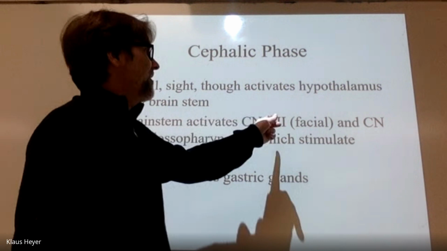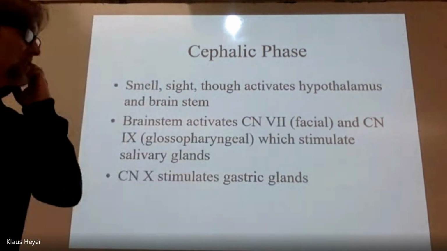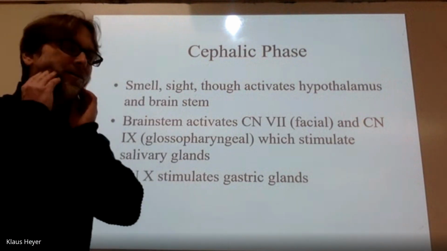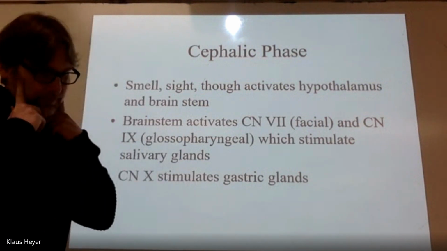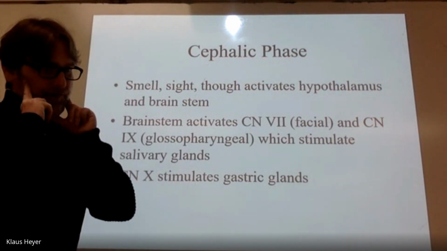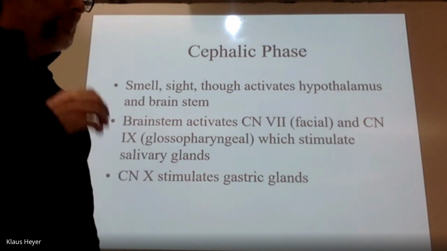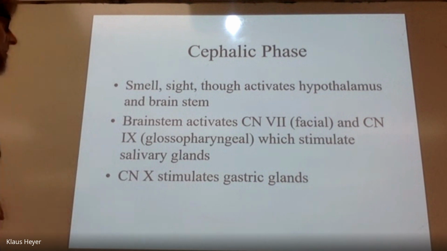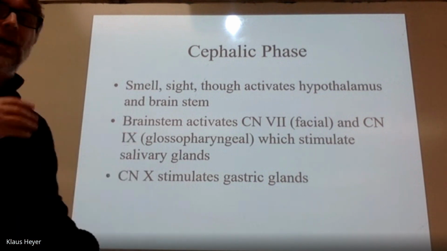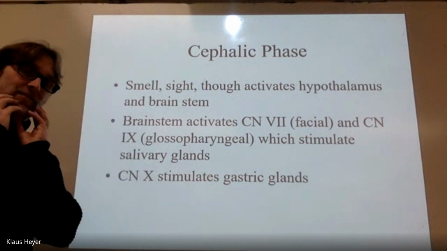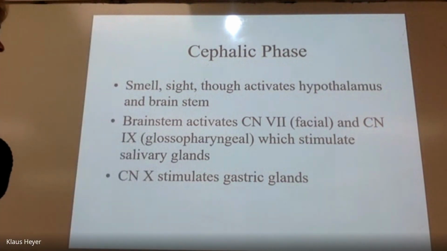So cranial nerve 7 is the facial nerve. The facial nerve over here is going to activate submandibular, sublingual, your parotid, salivary glands, right? And then you have your glossopharyngeal, which is going down here, cranial nerve 9. It's going to activate these glands, right?